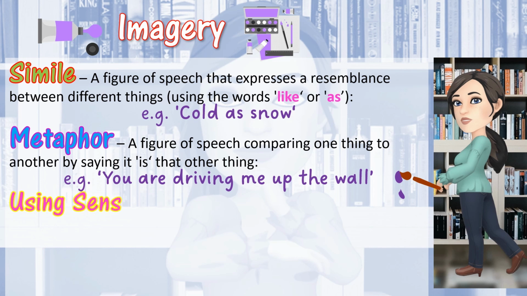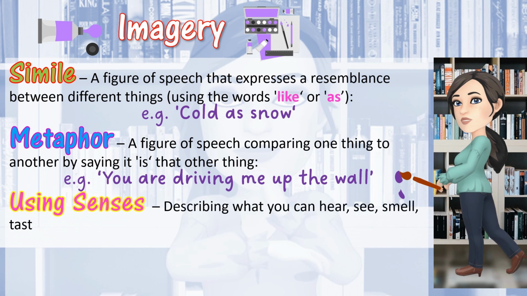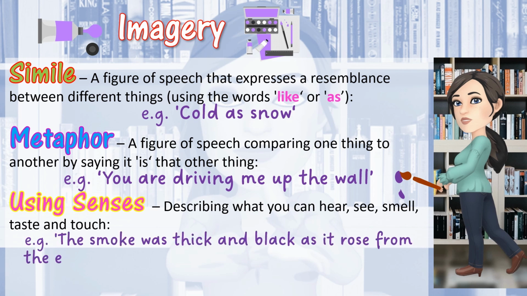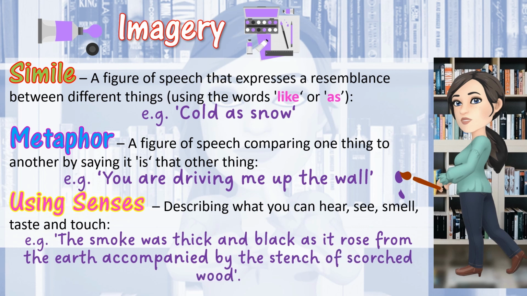Then finally, using the senses. So we're looking at your 5 senses here. So the writer could be describing what you can hear, see, smell, taste and touch. For example, the smoke was thick and black as it rose from the earth, accompanied by the stench of scorched wood. So you get the full rounded experience.